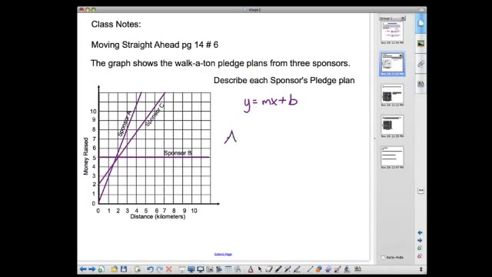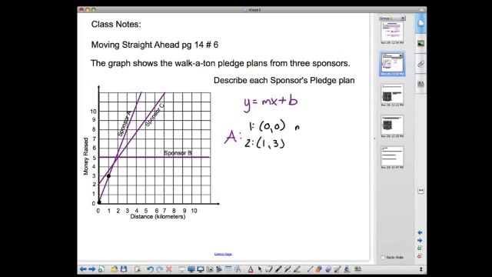So we have sponsor A, and for sponsor A, I'm just going to pick 2 points that lie along my staircase that I know I can use to find the slope. So the first point is 0, 0, and my second point is going to be 1, 3.